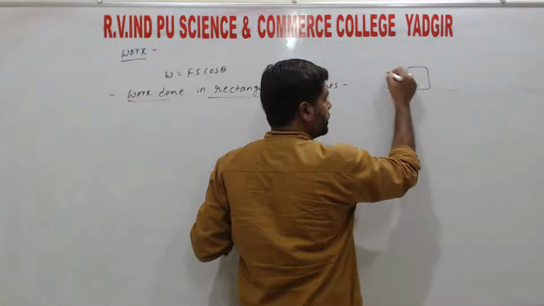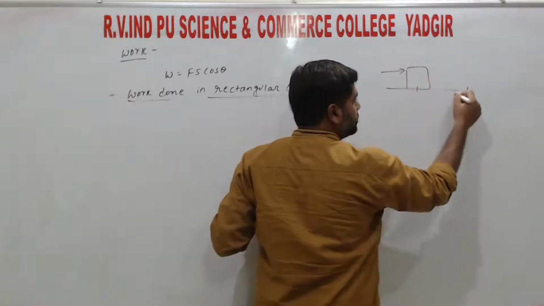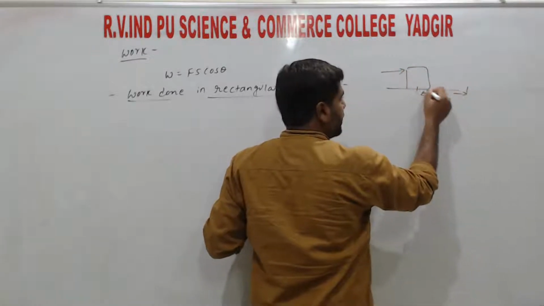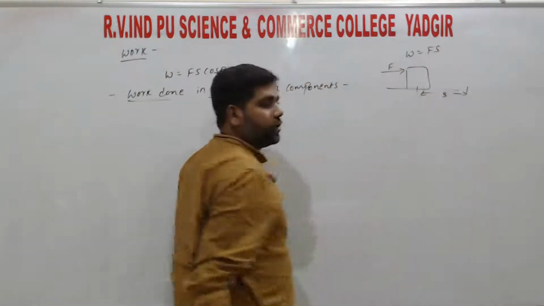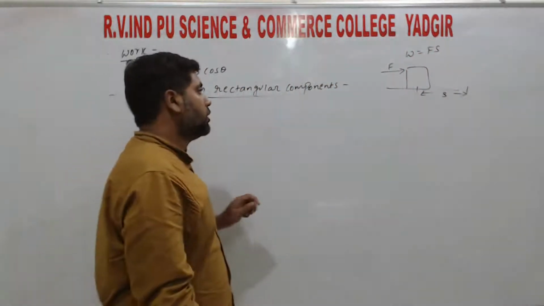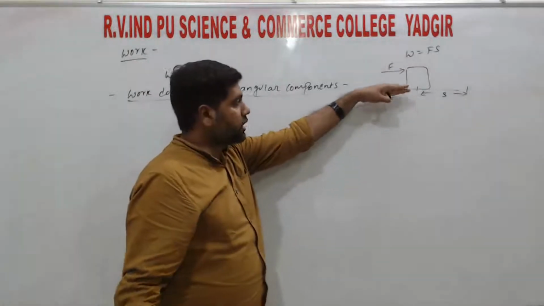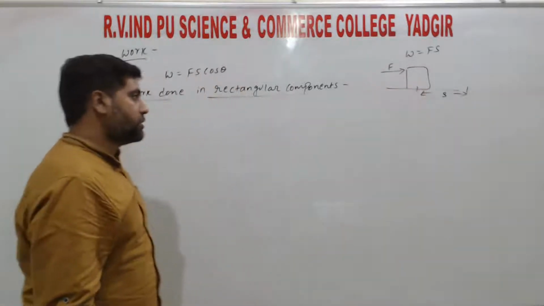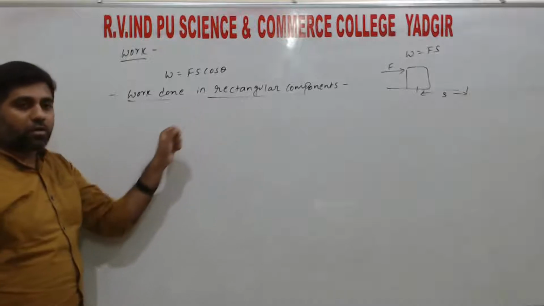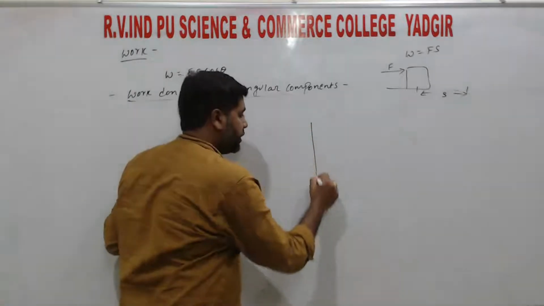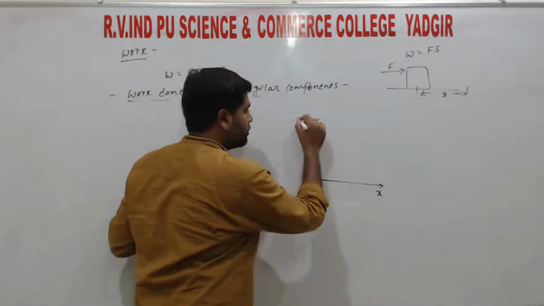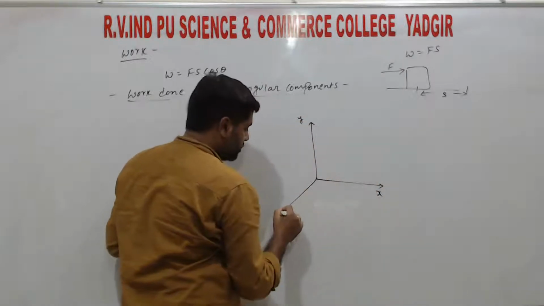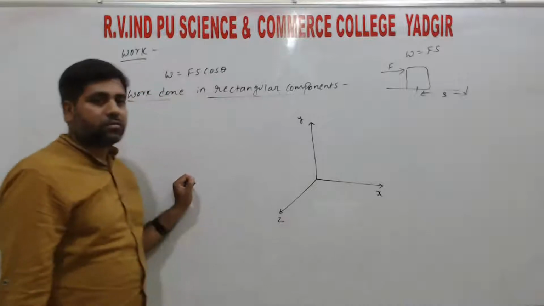If an object has a force applied, the object gets displaced, right? That is the work done. W equals F into S. This is only in one direction, along the x-axis. Here, in rectangular components, we need to take all three axes: x-axis, y-axis, and z-axis.